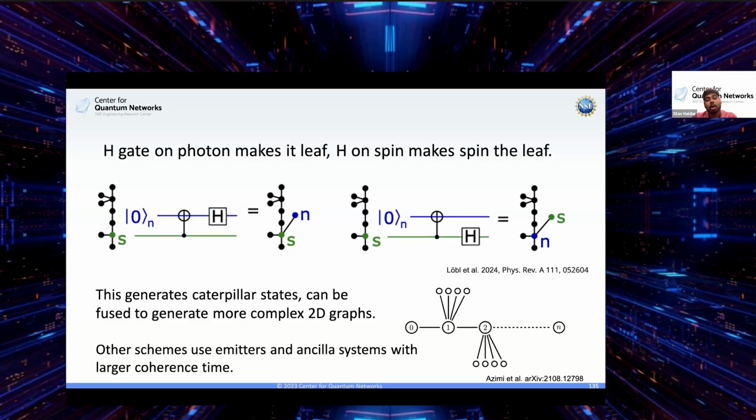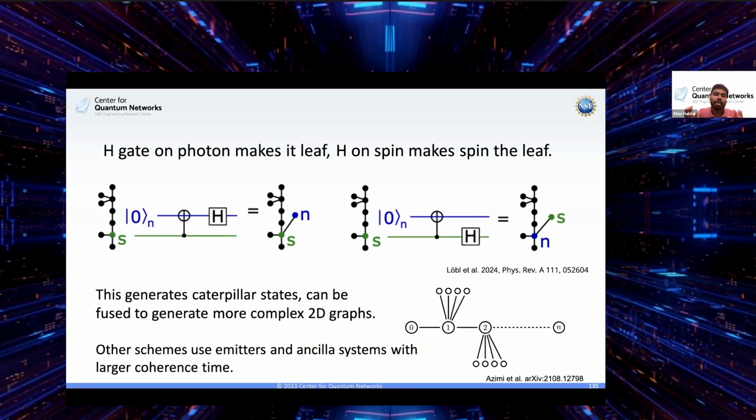On the other hand, there are other schemes where you use emitters and other physical or memory systems, which are called ancilla systems in that case, which have much larger coherence times than the emitters themselves. And by using these multiple emitters, you can actually generate the 2D cluster state directly without having to generate first these caterpillar-like states and then fuse them together.